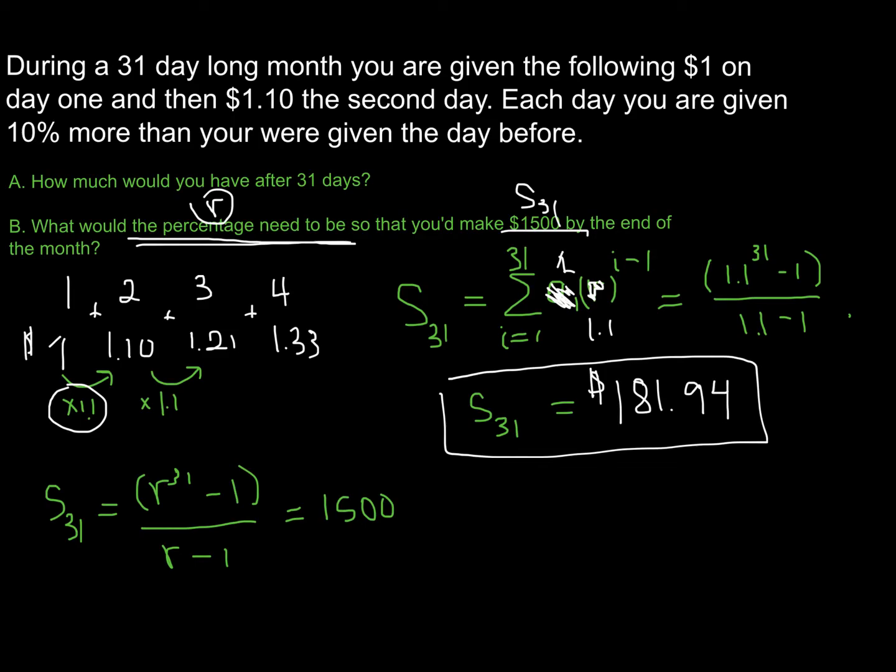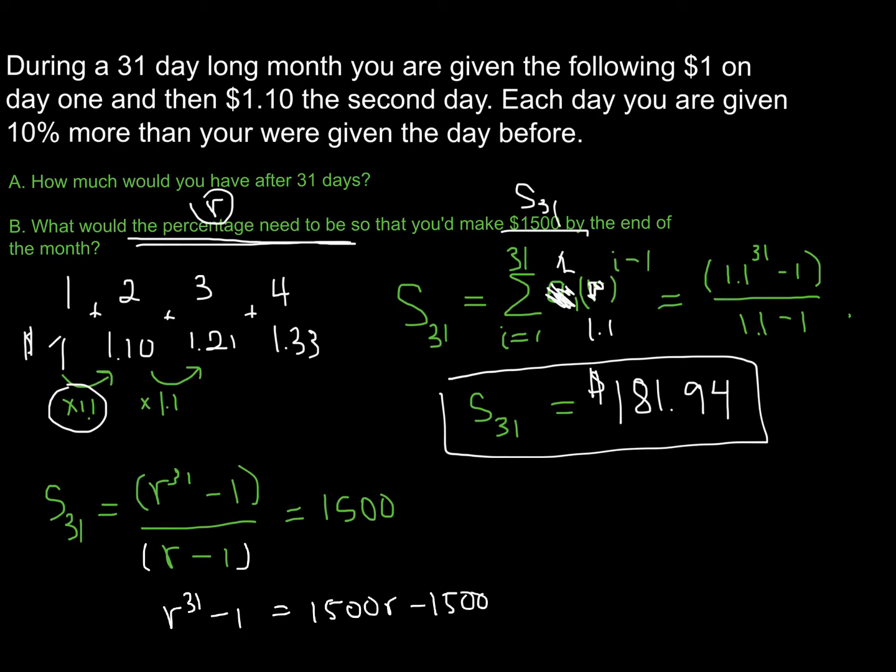You could go through and try to solve for r here, and what you're going to end up with is a 31-degree polynomial, and you might set that equal to 0. So let me walk you through how that would work. You'd multiply by r minus 1 on both sides, and you'd have r to the 31 minus 1 is equal to 1,500 r minus 1,500.